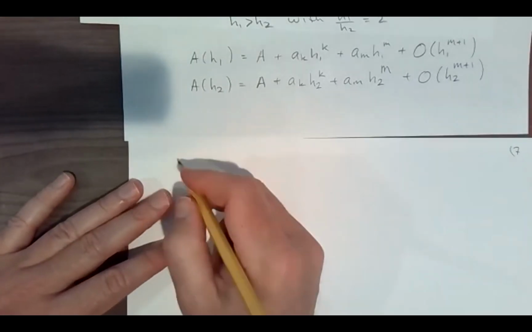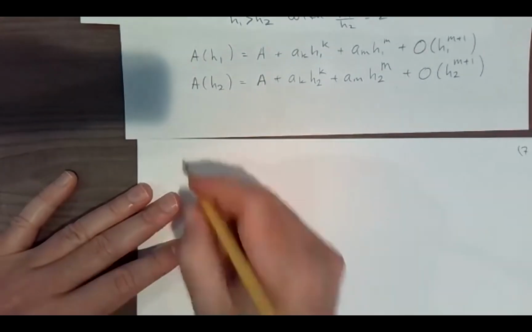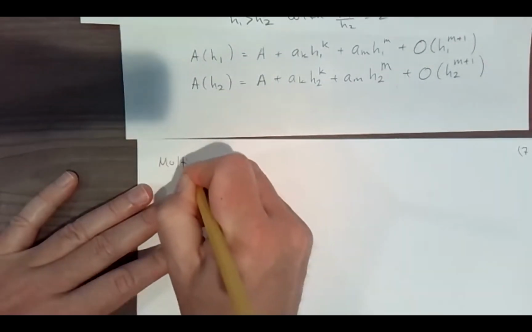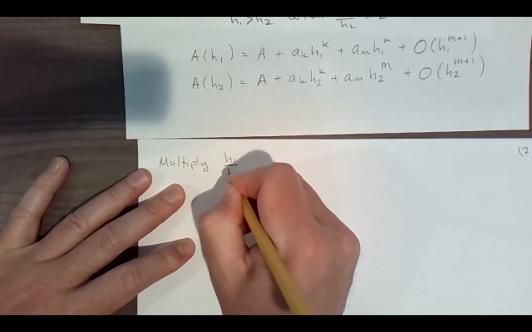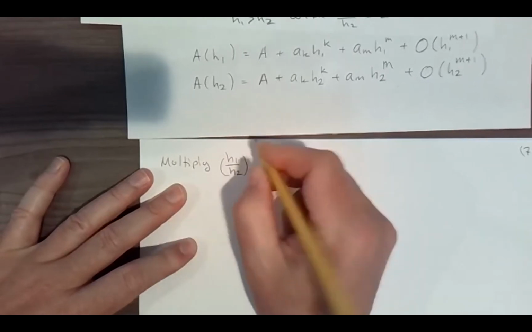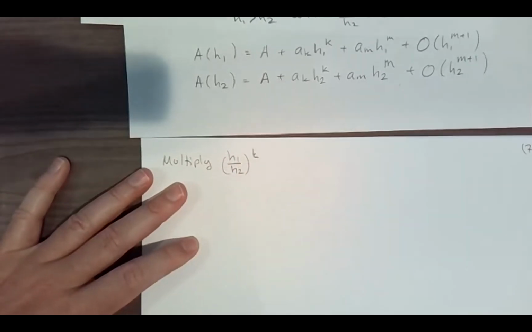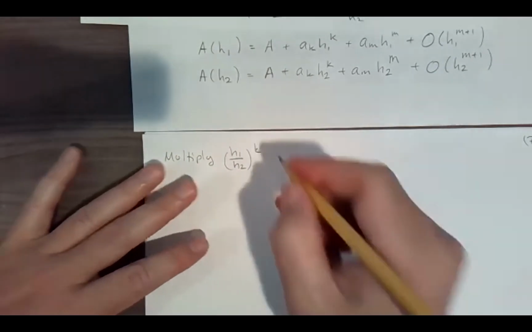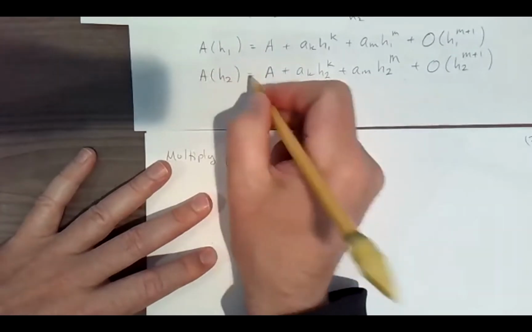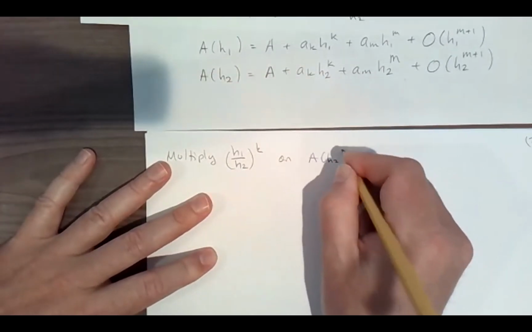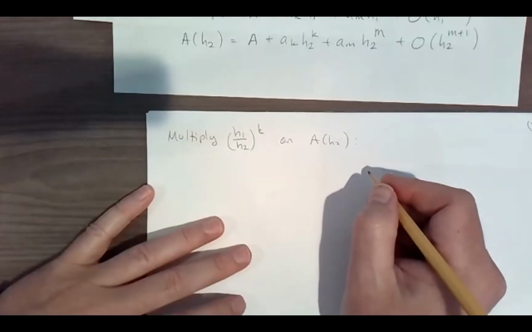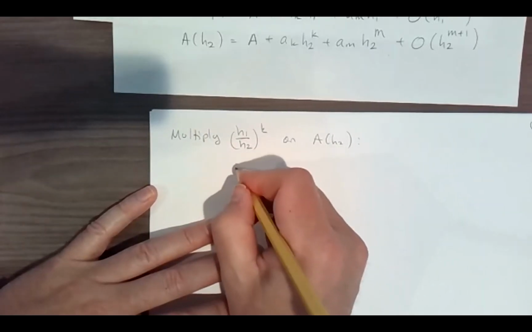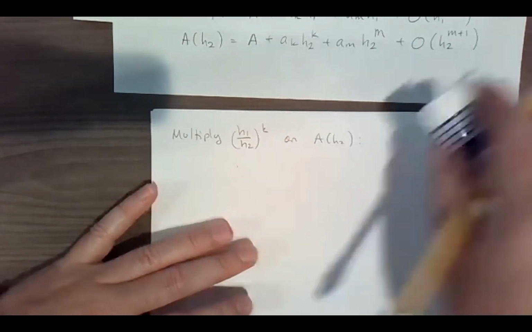So you multiply the quantity H1 over H2 to the power K on this last line, and subtract from the first line.